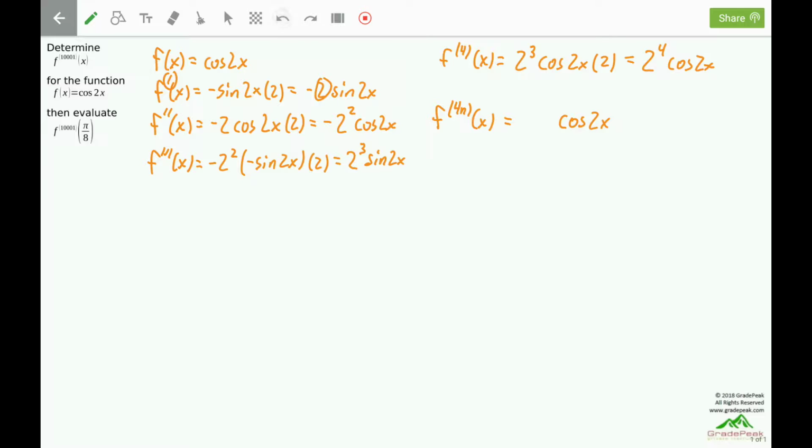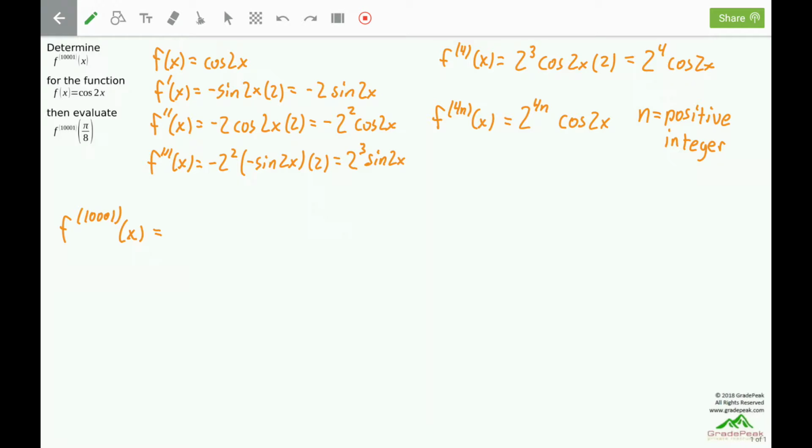It matches the order of derivative that you're taking. A 2 raised to the 4n power, and it will have returned to a positive cosine due to the pattern every fourth derivative. And this is where n is a positive integer. So we can use this pattern to try to determine the 10,001st derivative of f(x).